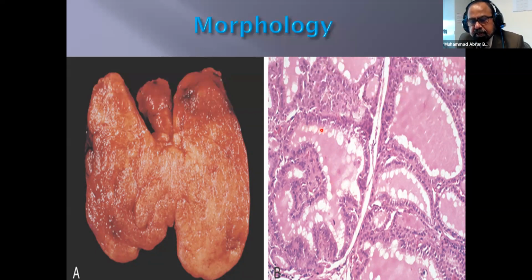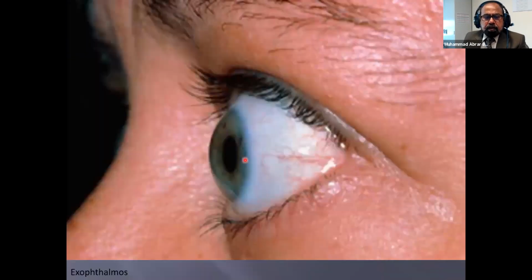You see it is scalloped, eaten up, because more and more colloid is being used to produce thyroid hormone, so there is a lack of it. The colloid is pale in color, and there is a lot of lymphocytic infiltrate in the stroma. So these are the histological hallmarks of this thyroid gland. Okay, this is exophthalmos.